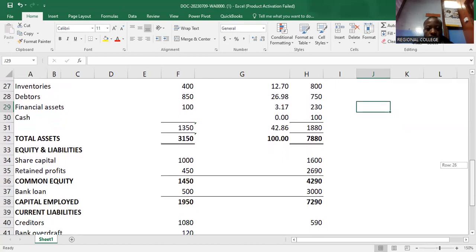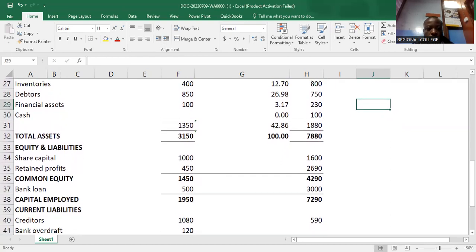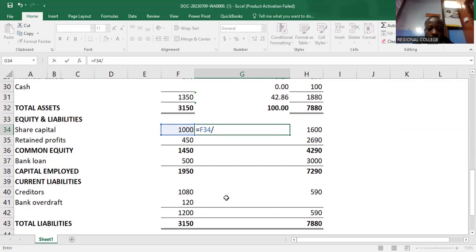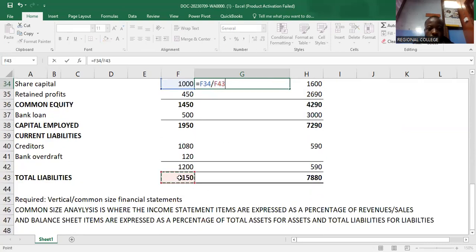Then now your liabilities from equity, you express them based on the total liabilities. So I have share capital and divide by total liabilities. Then I lock my total liabilities, multiply by 100, then enter.